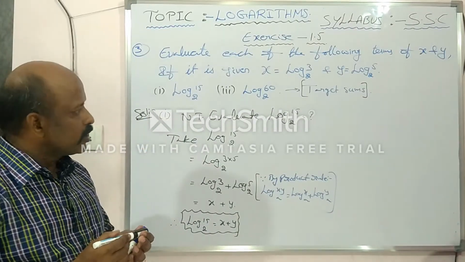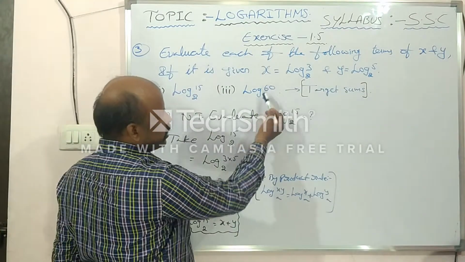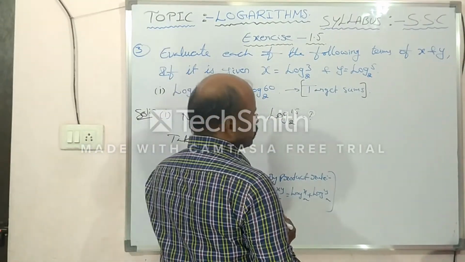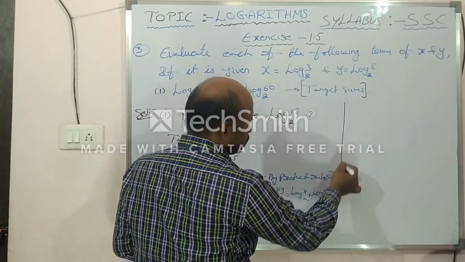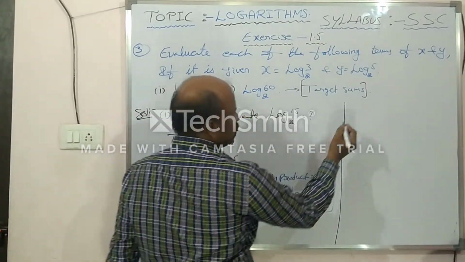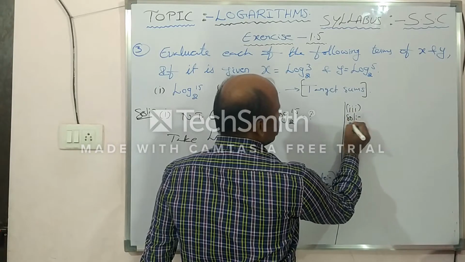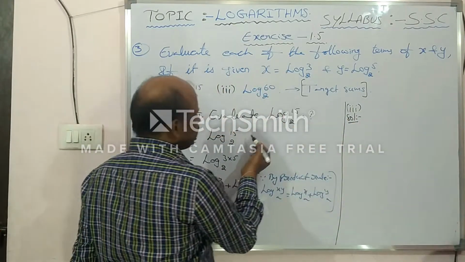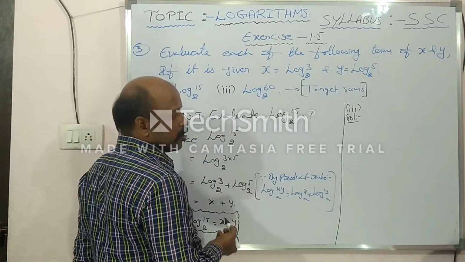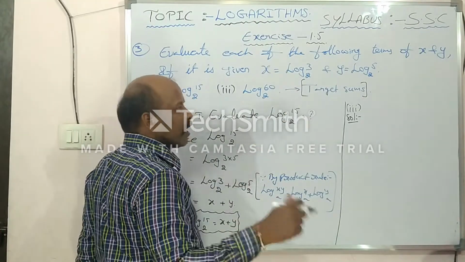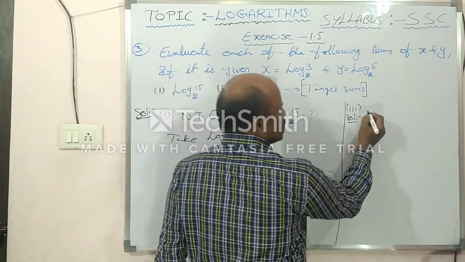Now, what is the question number 3 over here? Log 60 base 2. Once you observe, I am going to do here. Third one. Solution starts here. So nothing is there. Here 15 I split into a product of prime factors. Here 60 we have to split into a product of prime factors.